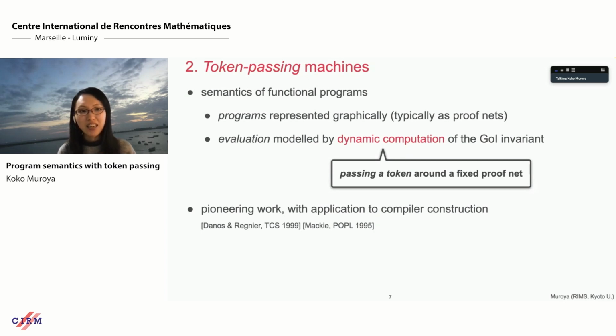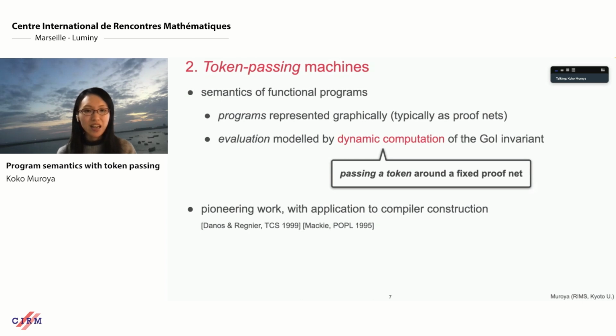These machines are a class of semantics of functional programs where programs are represented graphically, such as proofnets, and evaluation of a program is modeled by dynamic computation of the invariant provided by GOI, which is the path provided by GOI.